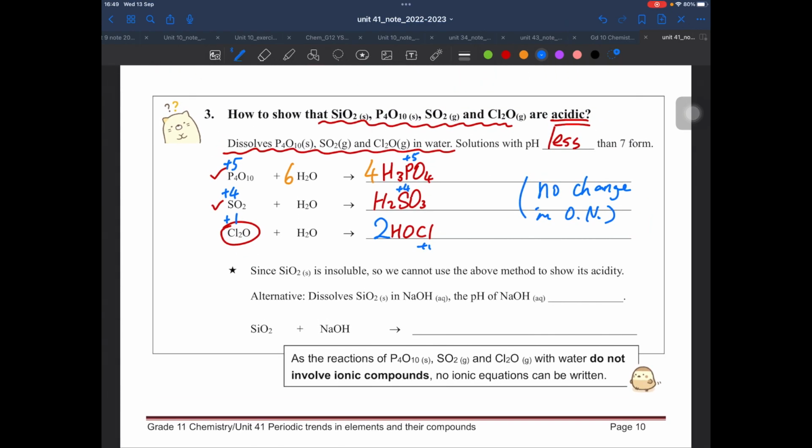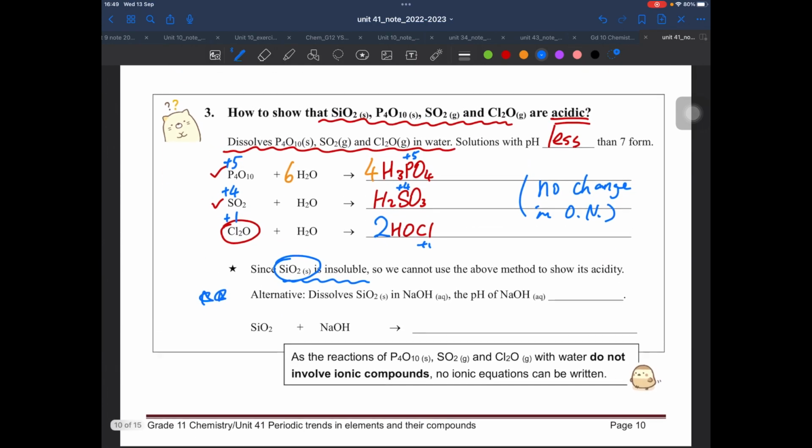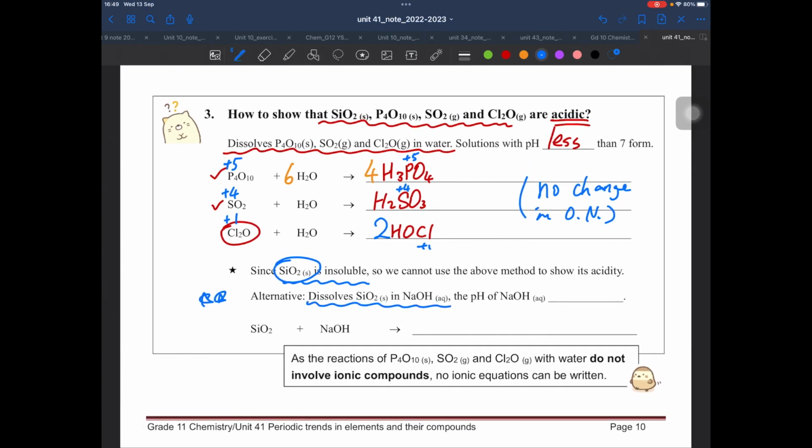But the same problem arises again because silicon dioxide does not dissolve in water. Again, how can you know that this is acidic? And now I'm sure you got the idea. For something that is water insoluble, what about dissolving it in sodium hydroxide? If you dissolve it in sodium hydroxide, the pH value of the solution will drop because part of the hydroxide ion is consumed, right?